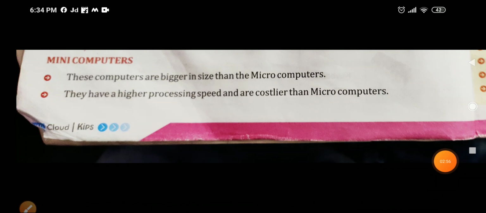Next is mini computer. These computers are bigger in size than microcomputers. They have a higher processing speed and are costlier than microcomputers.